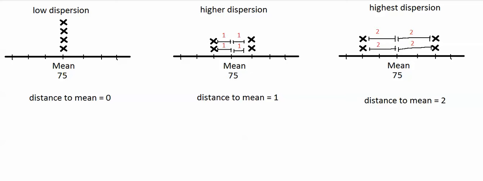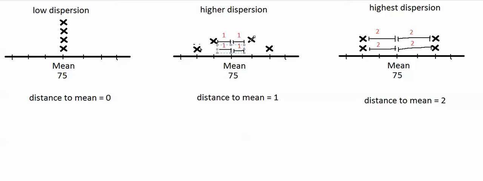What if instead of getting these exam scores, I got these exam scores? Where students' exam scores were 73, 74, 76, and 77. Well, this student who got a 74 is 1 away from the mean.